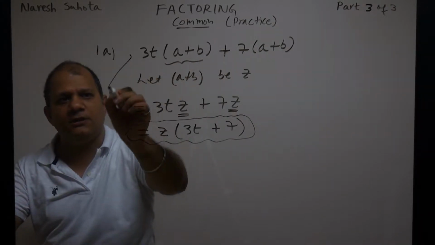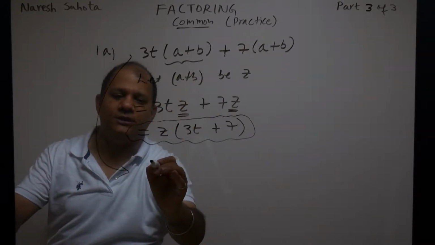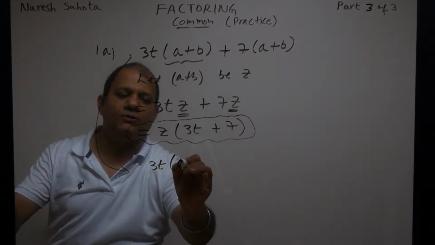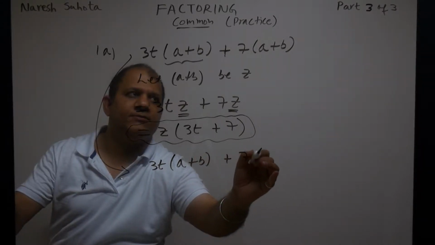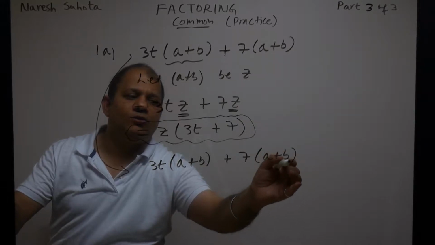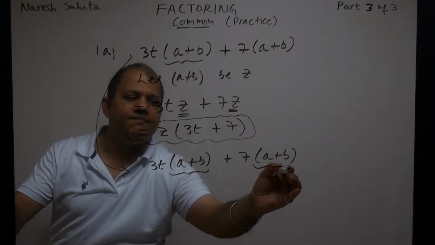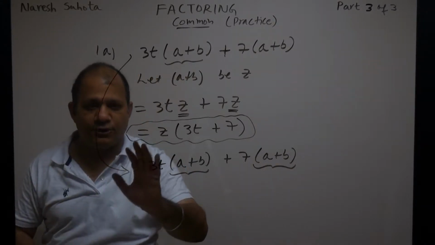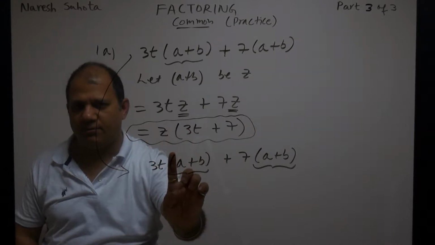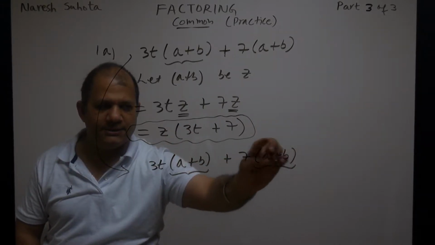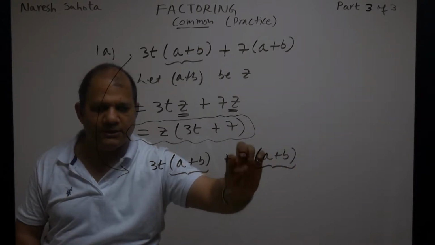So now let's do the original question the way it's presented to us. So 3t, I'm going to copy the question again, times (a plus b) plus 7 times (a plus b). What you need to do is learn to recognize, first of all, that there are two terms. 3t times (a plus b) is one term, and then plus, this is the second term, right? 7 times (a plus b), this whole thing is one term.